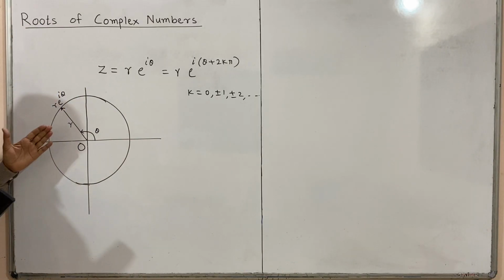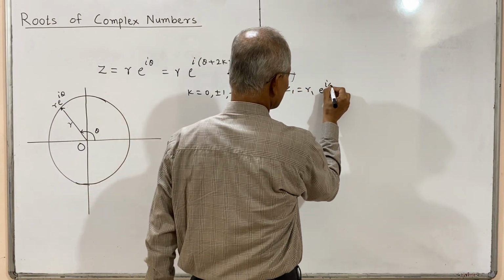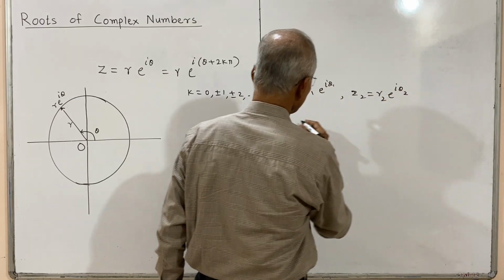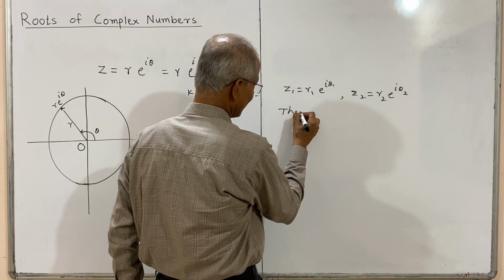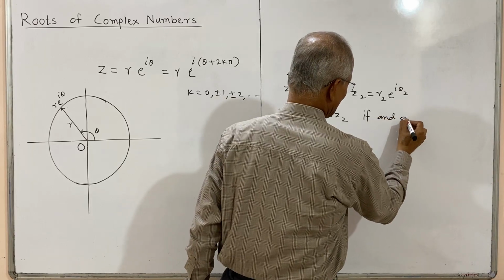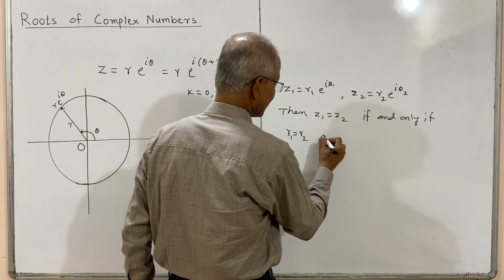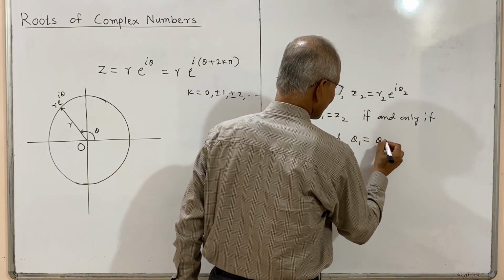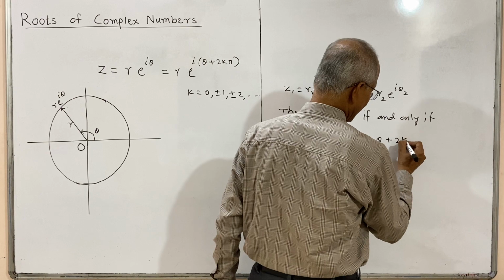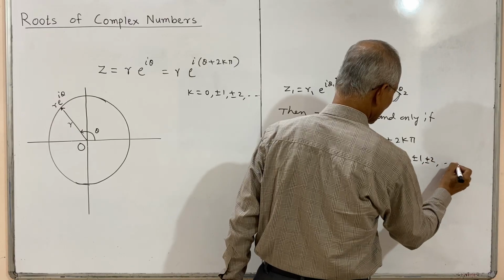And thus, in general, if we have z1 is equal to r1 e power i theta 1 and z2 is equal to r2 e power i theta 2, then z1 is equal to z2 if and only if r1 is equal to r2, positive numbers, and theta 1 is equal to theta 2 plus 2k pi, where k takes value 0, plus minus 1, plus minus 2 and so on.